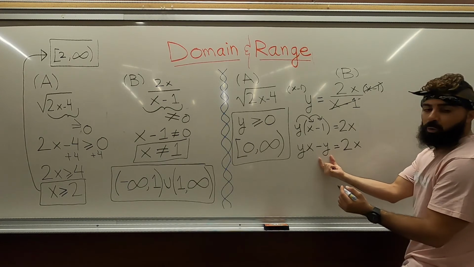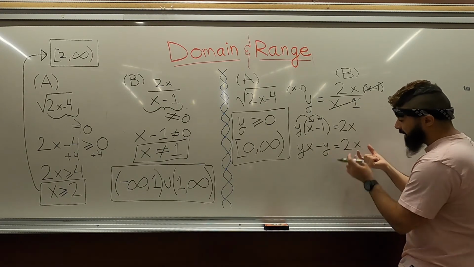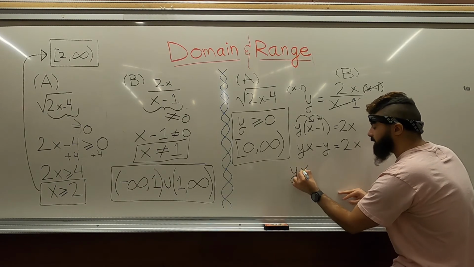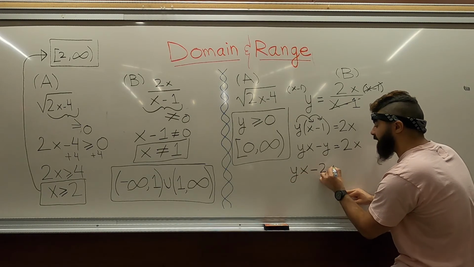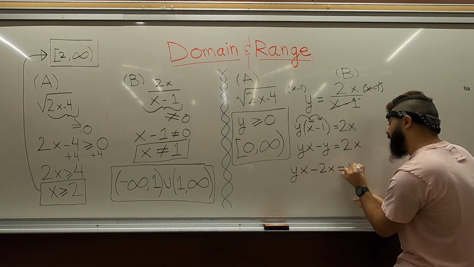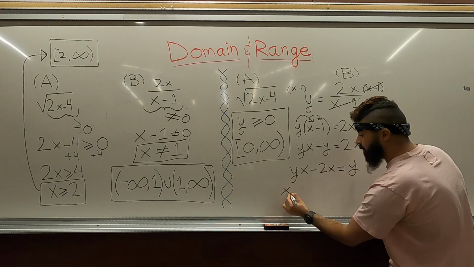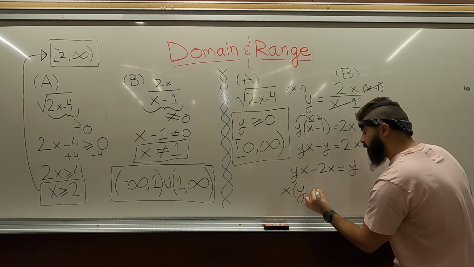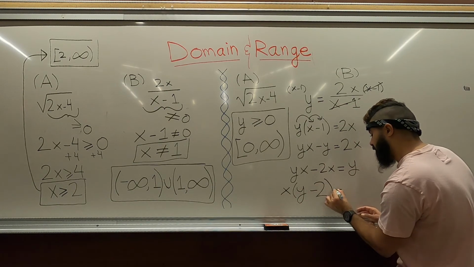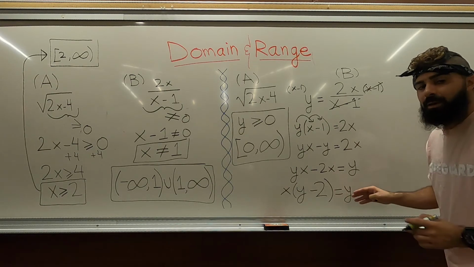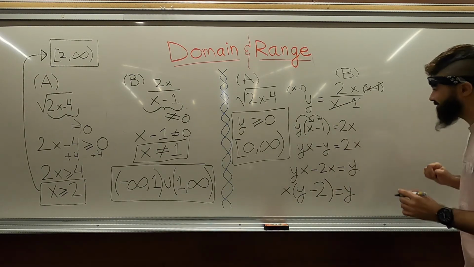So I'm going to add a y to both sides and subtract a 2x from both sides. And I get yx minus 2x equals y. Factor out an x, and divide both sides by that parentheses, y minus 2.